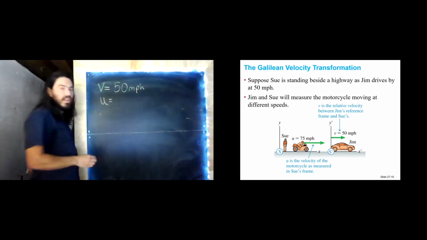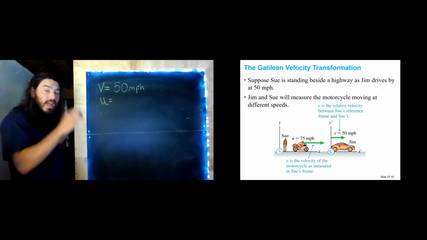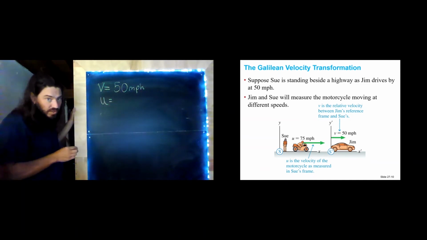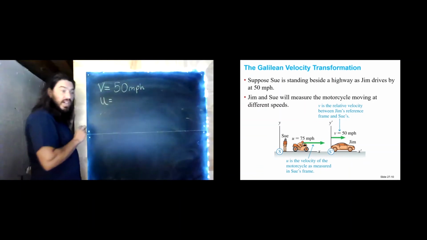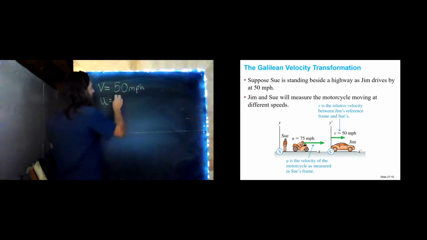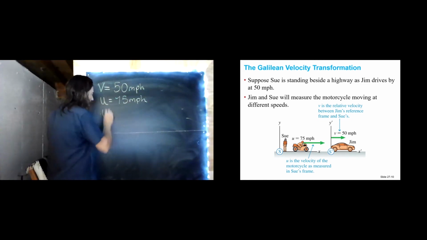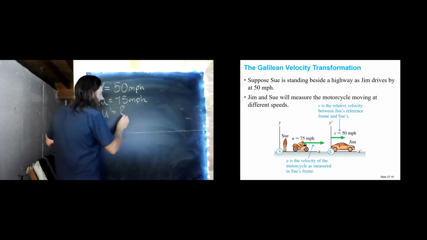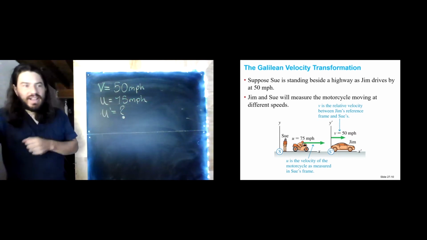U is the velocity as measured in the S reference frame. The velocity of what? The velocity of the motorcycle, because that's what we're interested in. The velocity of the motorcycle in the reference frame at rest, in the unprimed reference frame, is 75 miles per hour. U prime, that is what we are looking for. That is our unknown value.